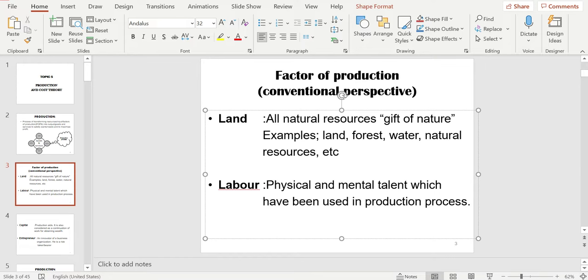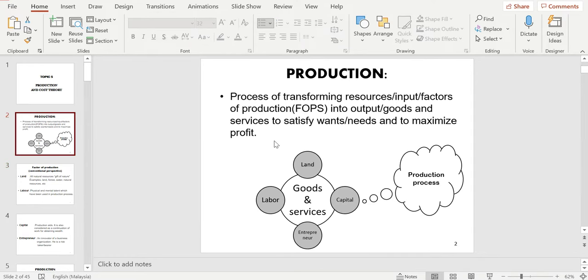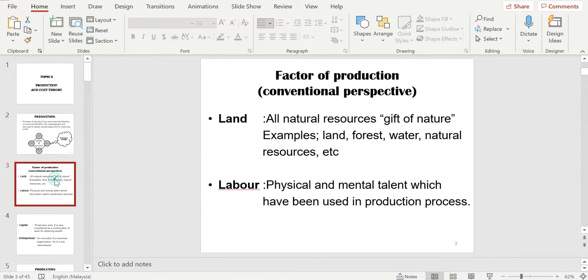So here comes the role of the labor, to use their mental and physical talent to utilize the natural resources. All factors of production have a relation with each other, and we need all 4 factors of production to produce goods and services. If there are only 2, land and labor only, goods and services will not be produced. They must have all 4.